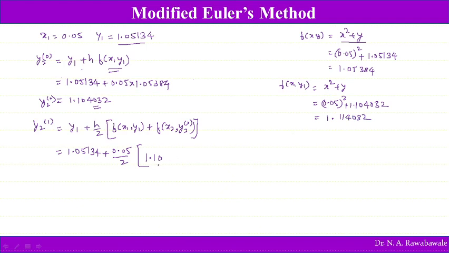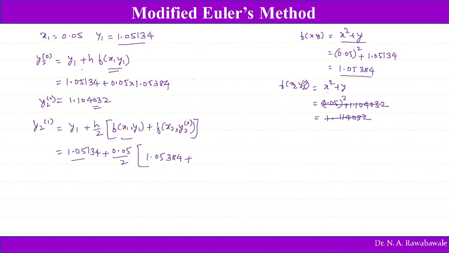So in this y2 of 1, we have substituted the y1 value, the h value, then f of x1, y1, which we obtained here: 1.05384. Plus we write f of x2, y2 of 0. The x2 value is known to us. This is wrong.